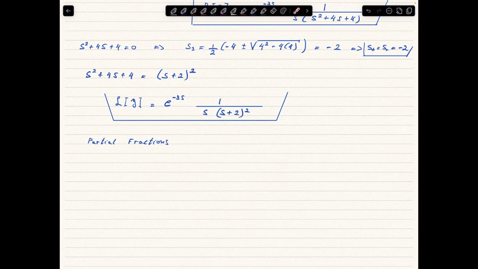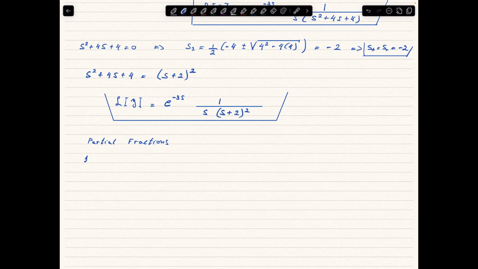What happens when we have a denominator like that? A product of two polynomials, one is a perfect square, the other is just multiplication by s. First of all, we are going to do partial fractions only with the rational function. The exponential is never in the partial fraction decomposition. We only do it here. And there are two possibilities. Both are correct. You choose whatever you like better.